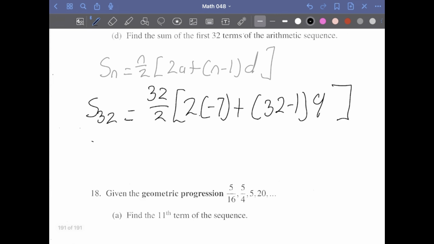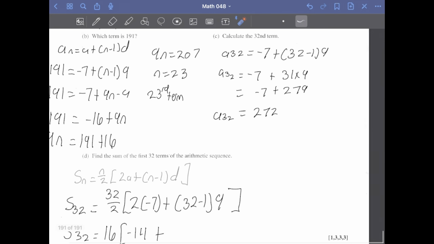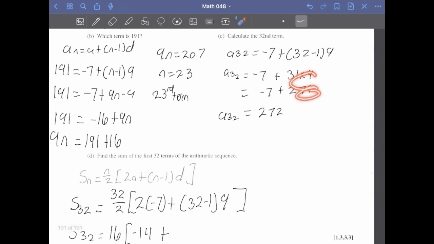Okay, so now all we have to do is simplify. 32 divided by 2 is 16. 2 times negative 7 is negative 14. Plus this 31 again times 9. 31 times 9 is 279.